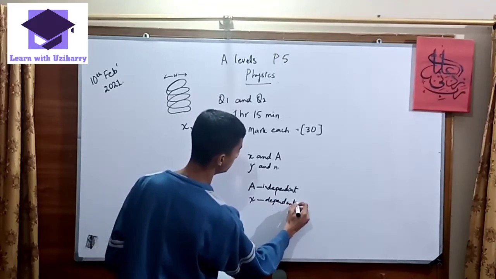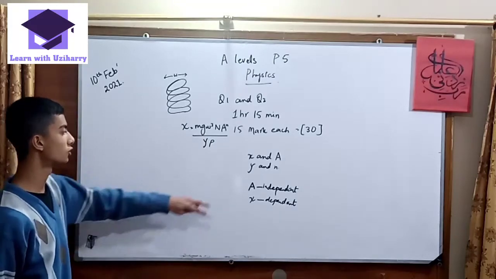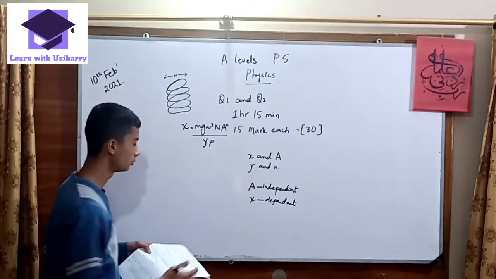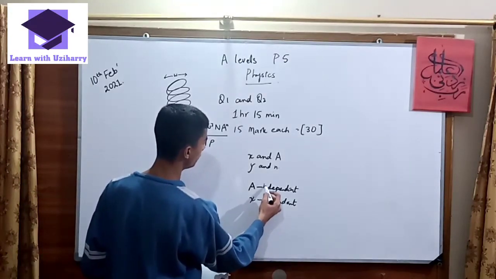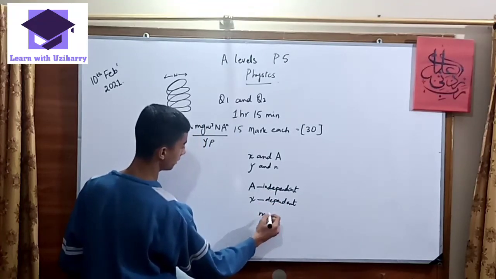As the area increases, the extension would also increase. You can also do it vice versa, but you need a clear reason for that as well. And we have to keep the mass constant.